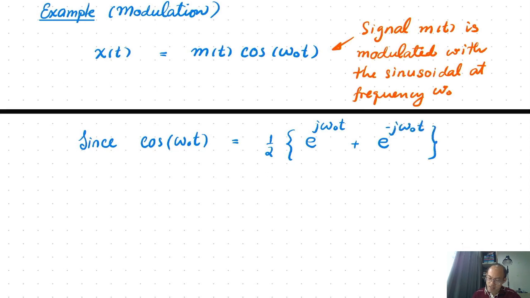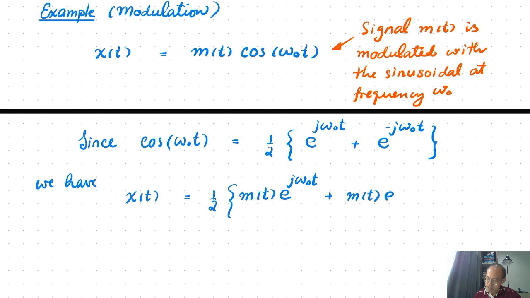We plug it into this modulation equation, and we have x of t equal to 1/2 of m of t e to the j omega 0 t plus m of t e to the minus j omega 0 t.